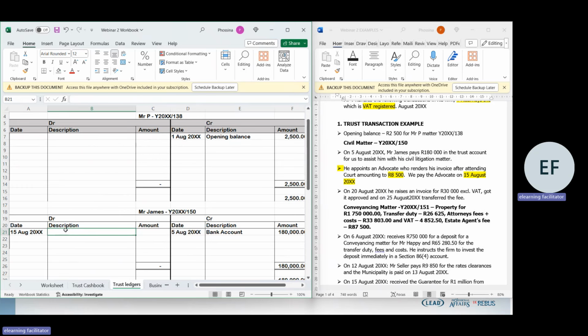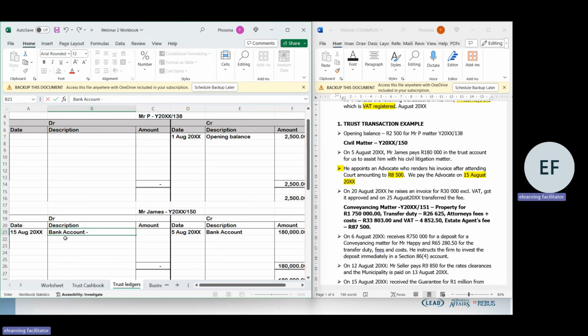So I'm going to enlarge that. And this is the bank account. We are paying from the bank or the trust account. If we've got several trust accounts, then we can indicate that this is trust account number 1 or number 2, or cash book number 1, cash book number 2.